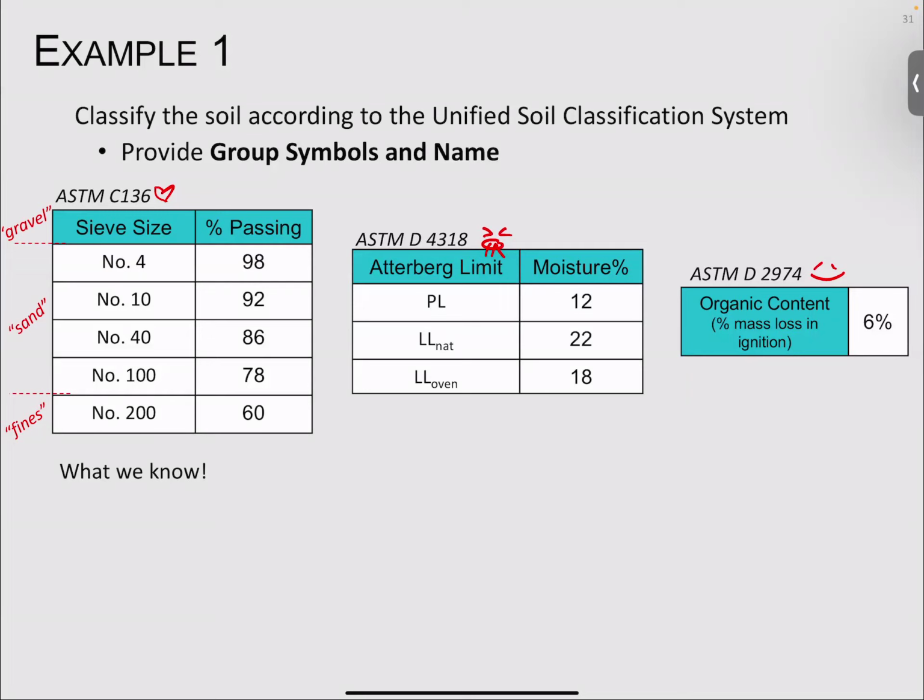Yeah, because 100% minus 98%, that means 2% is hanging out above our number 4 sieve. So what percentage of our material is fines? Don't look at 38, 60, right? Because that's the 200 sieve right there at the very bottom. So anything passing our 200 sieve is going to be fine material. So that means 60% of our material is fines.